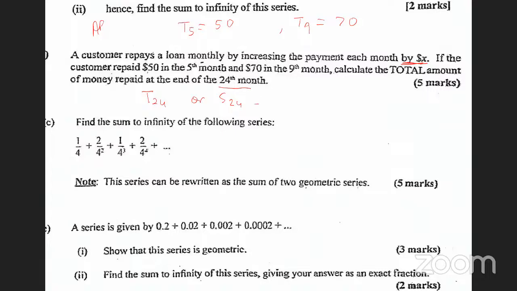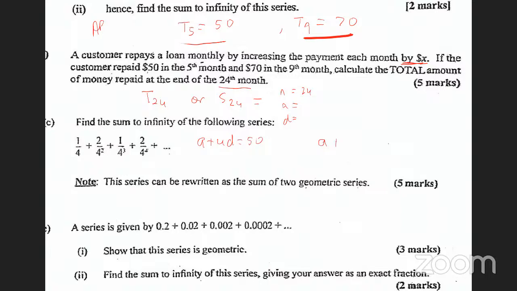So we need N, we have that already. We need A, and we're going to need D. So you're going to have to come back here now and find A and D. So it means that T5 is what? T5 is A plus 4D is equal to 50.